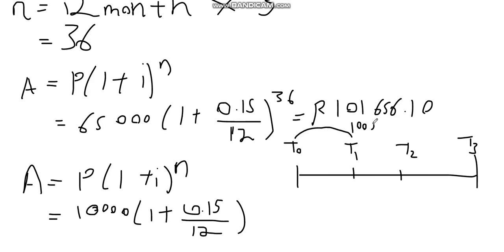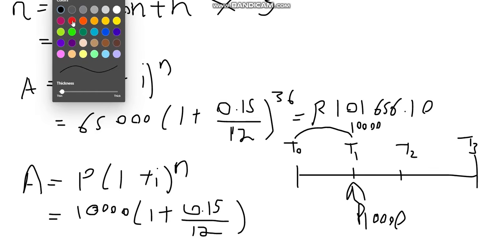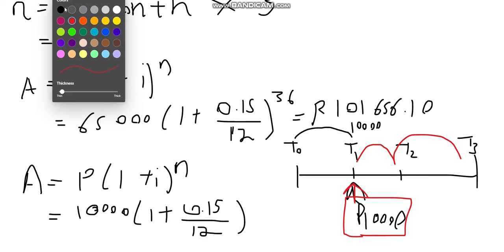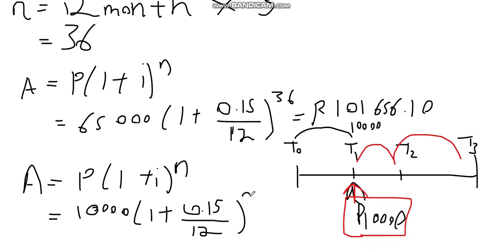This is where the 10,000 was added. After the addition, how long did the 10,000 stay in the account? We can check the duration: 1 and 2. It means this 10,000 was in the account for 2 years, so our duration will be 2.